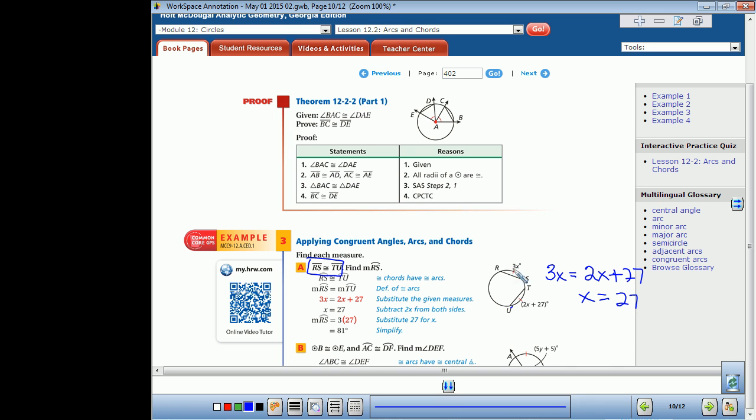So if we wanted to know this measure of that arc, we would just plug in 27. So 3 times 27 tells me that the measure of arc ST is, that should be a 3, it looks like a B. 3 times 27, or 81 degrees. Make sense? Excellent.